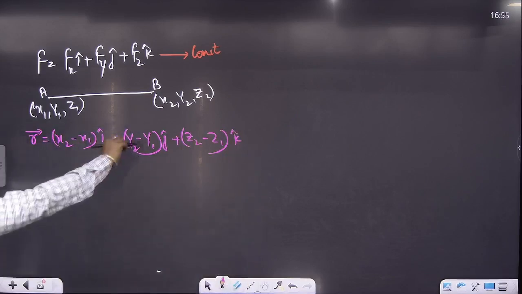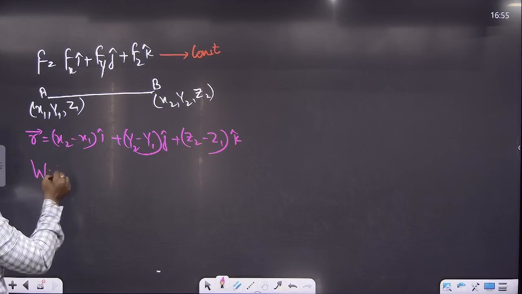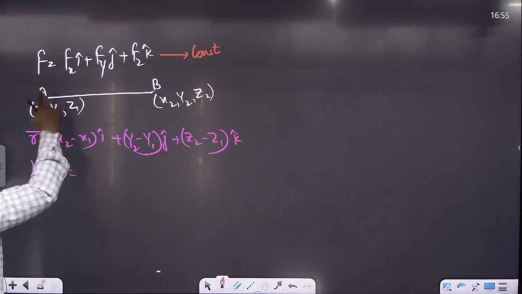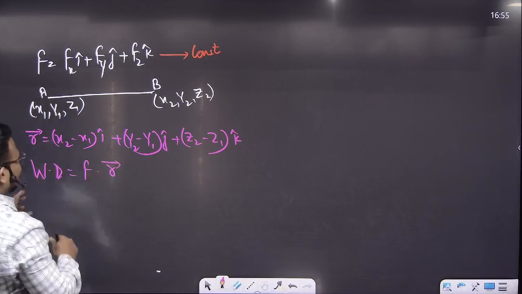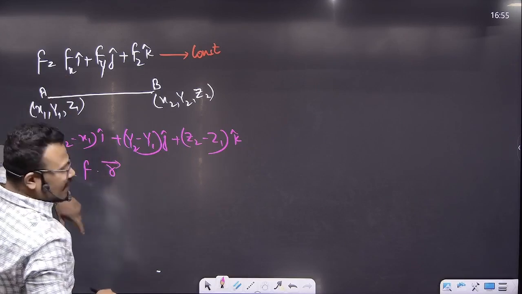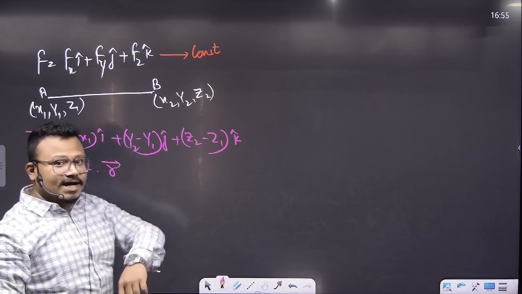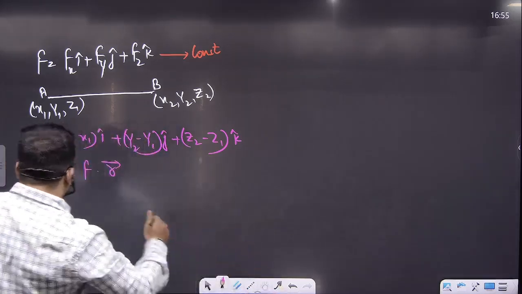Now the work done will be equal to F dot R. When we do F dot R, i cap dot i cap is 1, i cap dot j cap is 0.